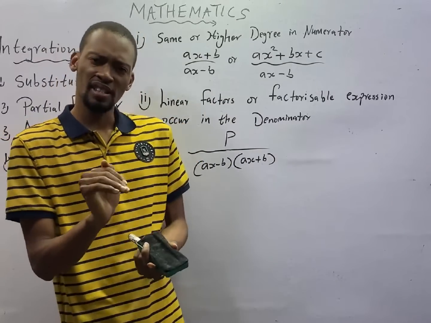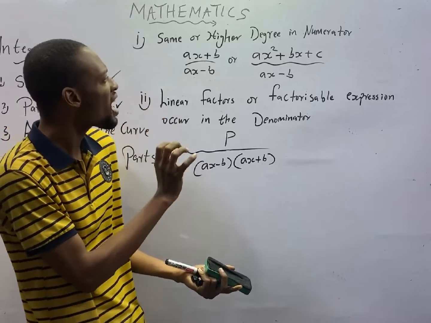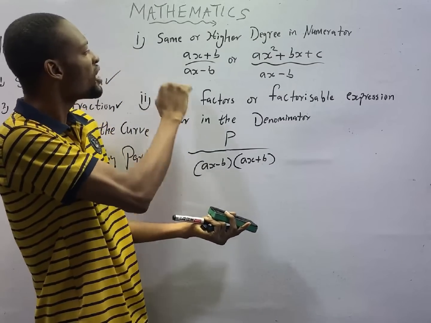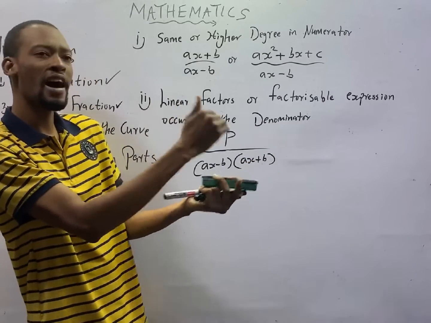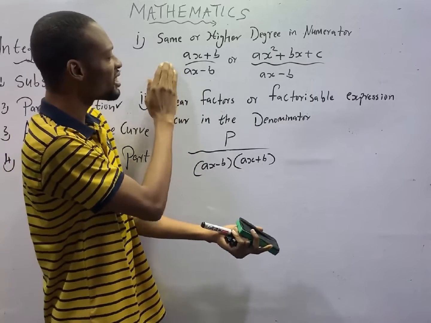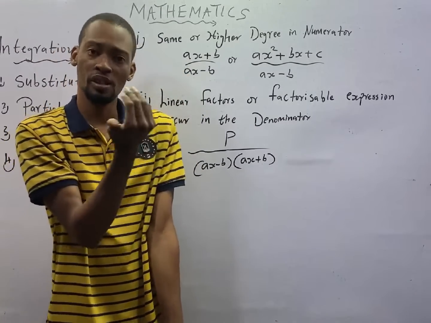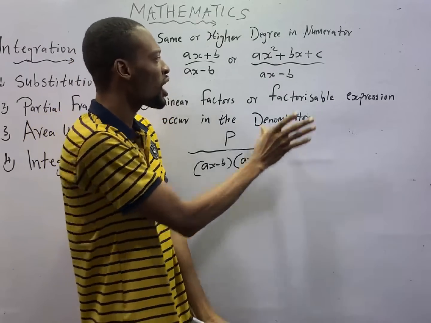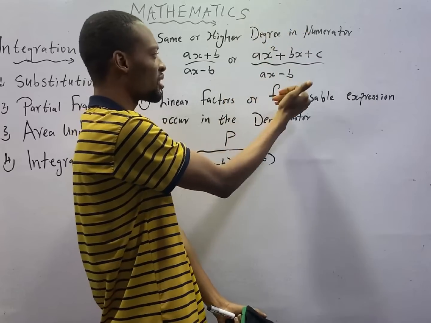You integrate by partial fraction when, one, you have a numerator of the same or higher degree than the denominator. If you have something like this, the numerator and the denominator are of the same degrees. If you have something like this, the numerator is of higher degree than the denominator.